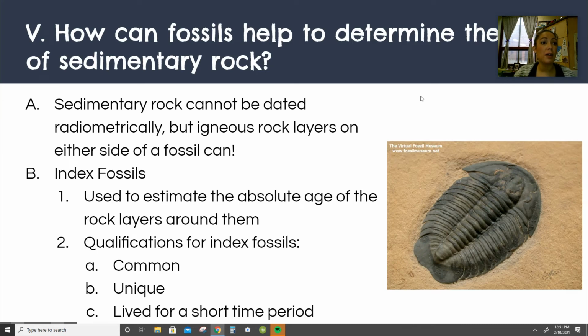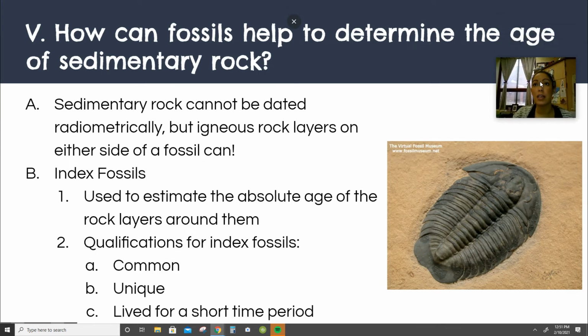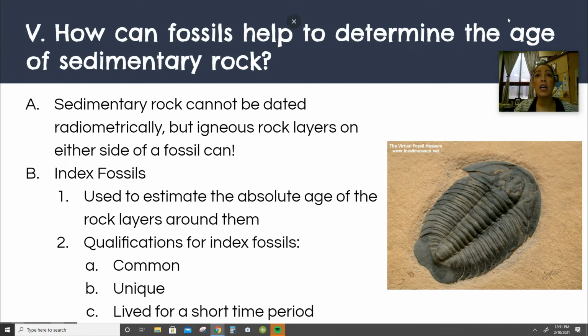We talked about index fossils in the last section, but fossils can also help us figure out the age of sedimentary rock and rock layers in general, because we can't use these radiometric dating methods on sedimentary rock.